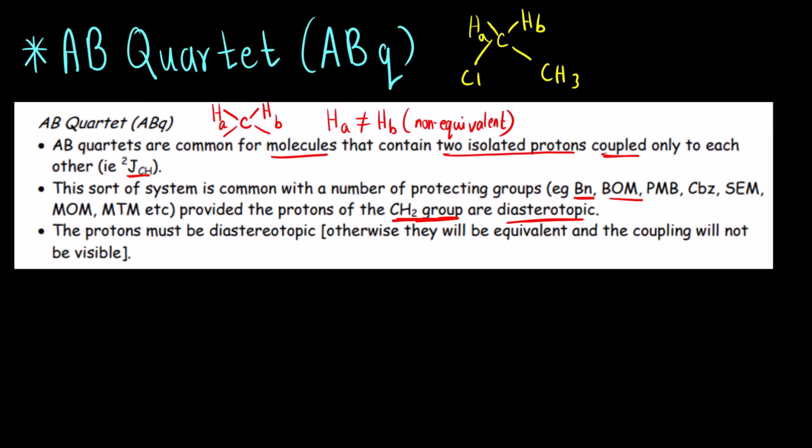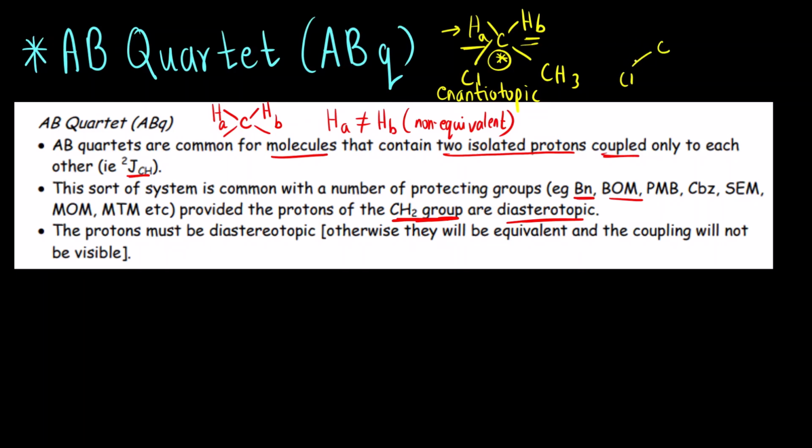One time you replace HA with some group, let's say deuterium, and then you replace HB with the same group. You will get two chiral compounds, and they are enantiomers. So these protons are called enantiotopic. Here only one chiral center is generated.